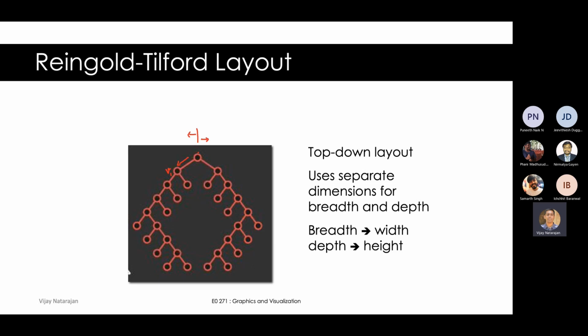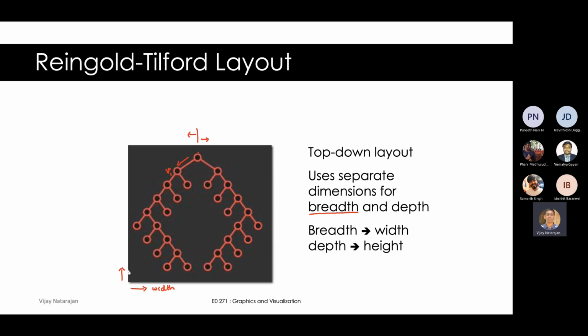So the x-axis corresponds to the width, and the y-axis corresponds to the height. Now the tree has a few dimensions on its own. One is the fan out, which is called the breadth. The fan out is the number of children at a given node.